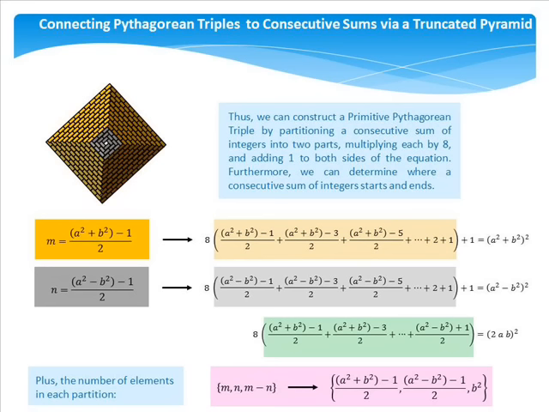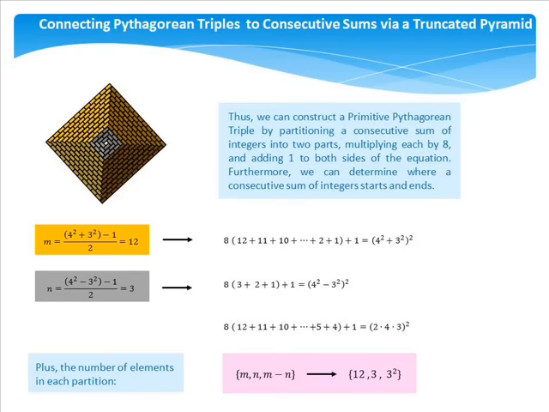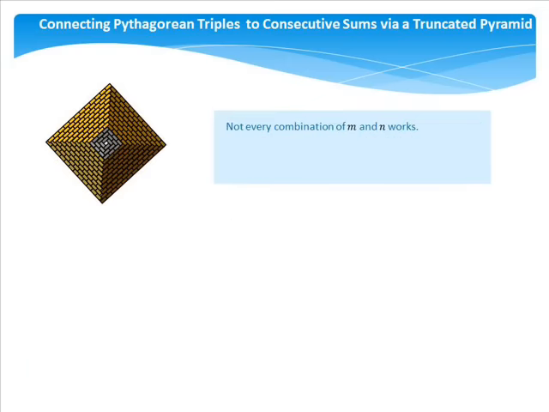In fact, when this truncated consecutive sum contains a square number of elements, it serves as a necessary condition for forming a primitive Pythagorean triple, as we will soon demonstrate. We can illustrate this with the example we have been working on. Not every combination of m and n works.